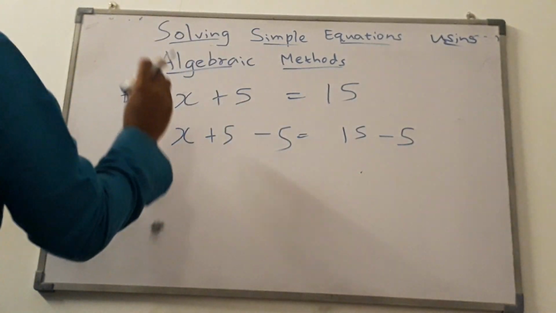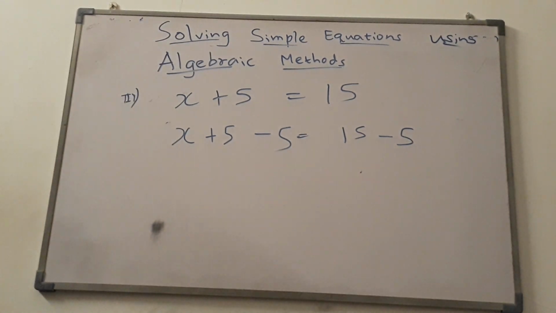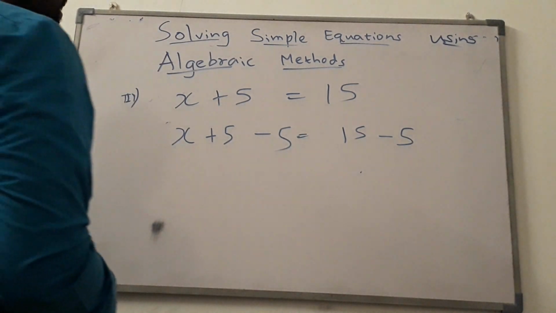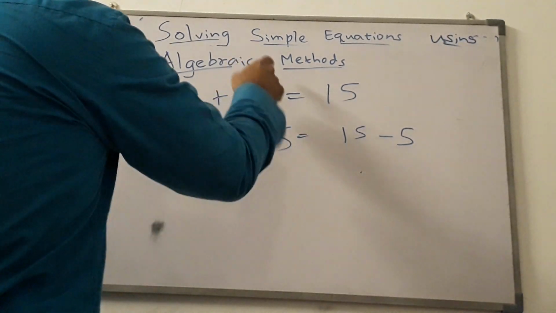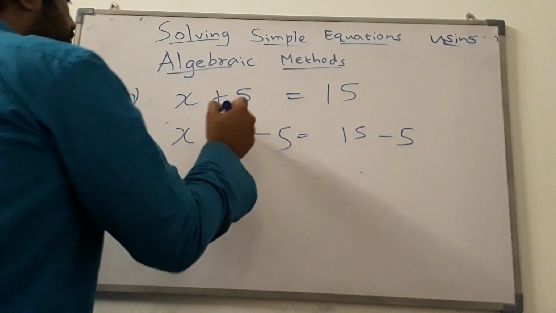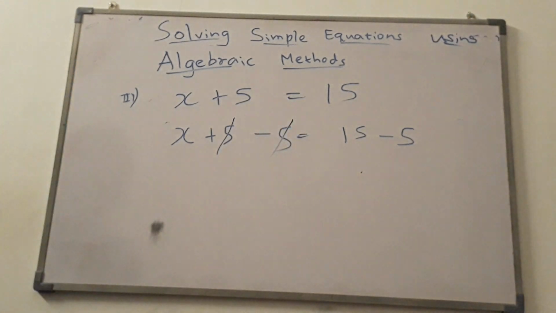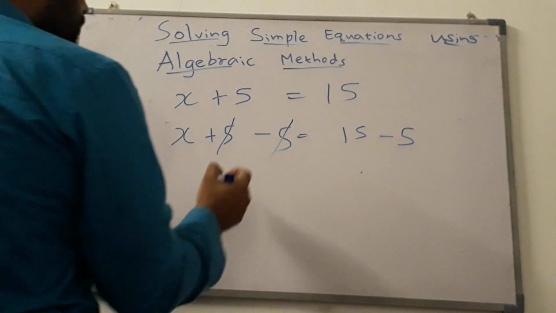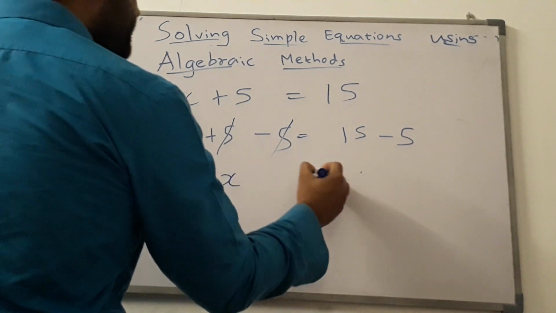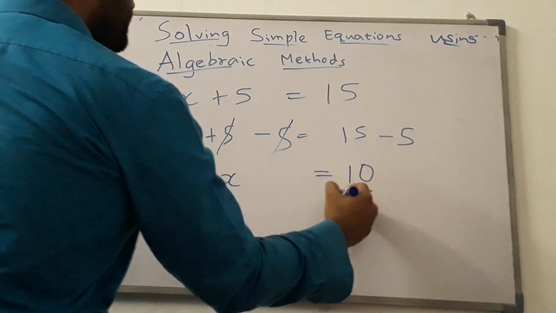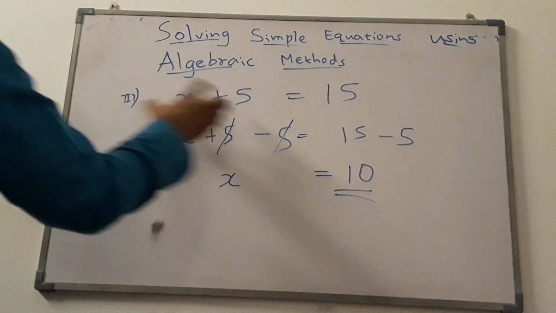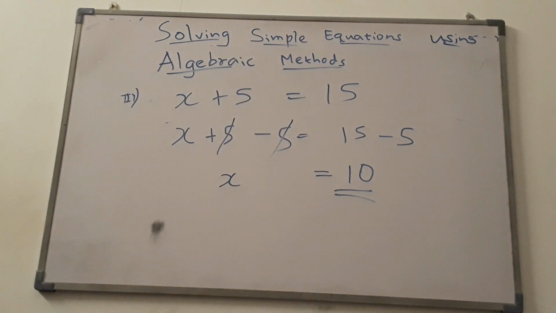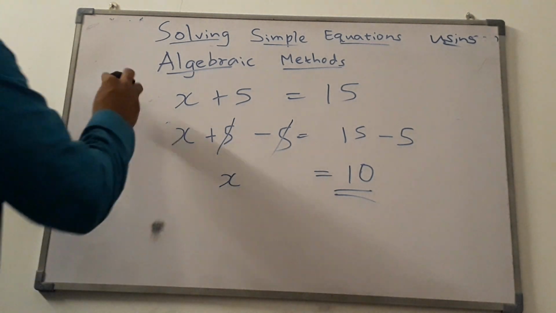What we do to the left hand side, we have to do to right hand side as well. So when we subtract 5 from left hand side, we can cancel out the 5 to make x the subject. So here x is equal to 10. The value here for x is 10. If x is 10, 10 plus 5 is 15. So the solution for x is 10 here.